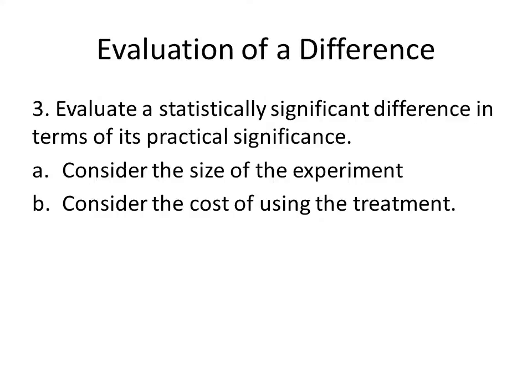That actually would be very practical in terms of the cost of using the treatment. And if the treatment produces a small but statistically significant difference, the cost of using the treatment becomes an important consideration. So these are things that we might want to look at.